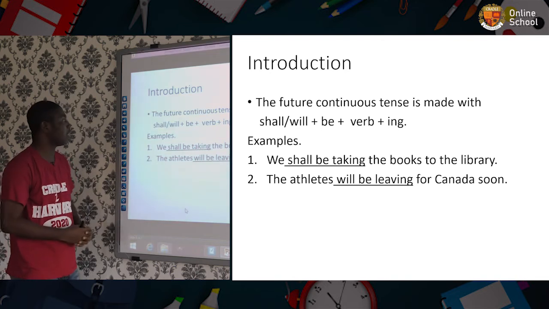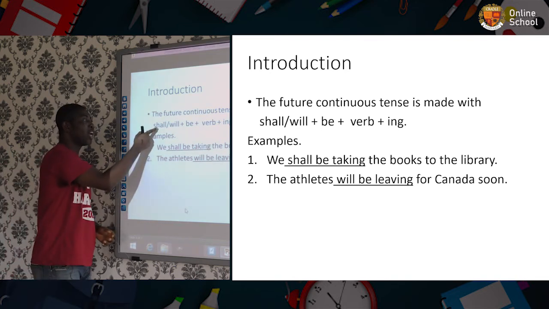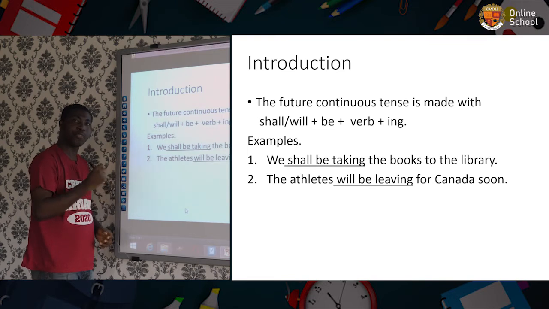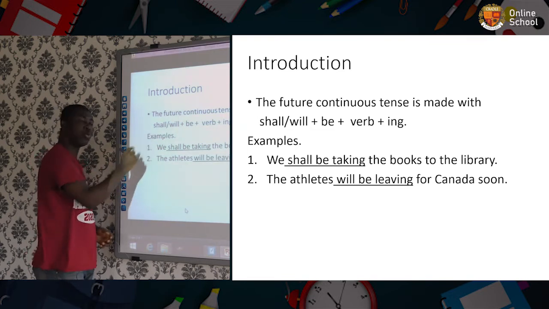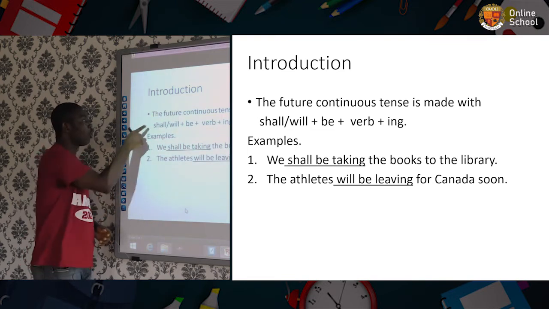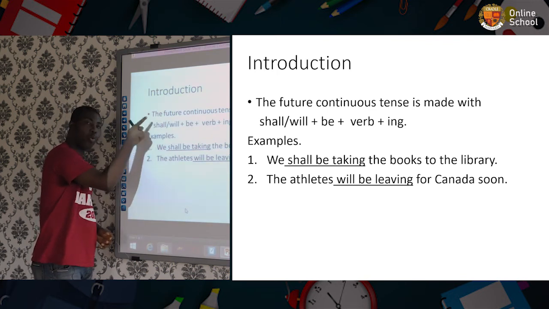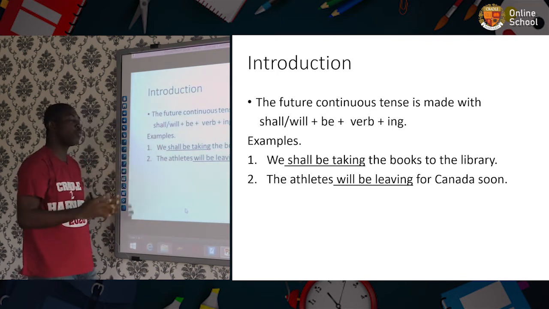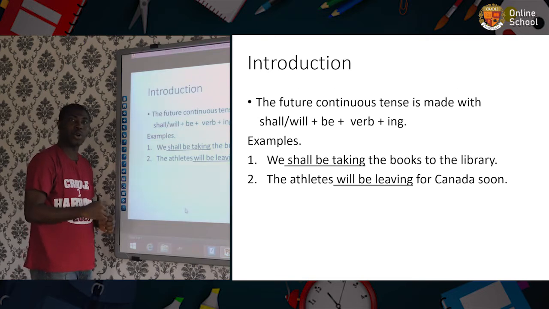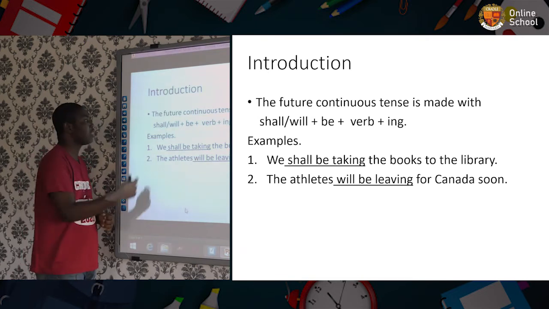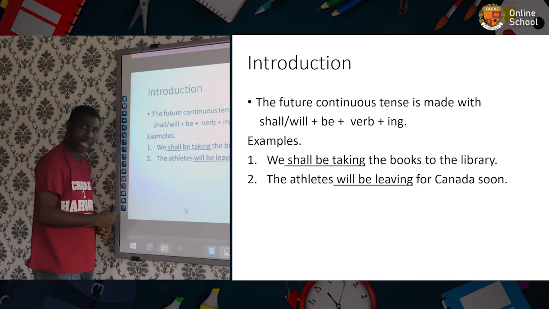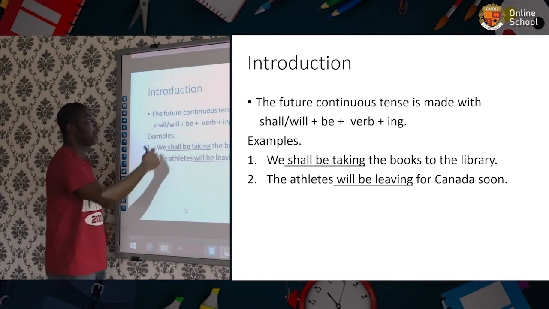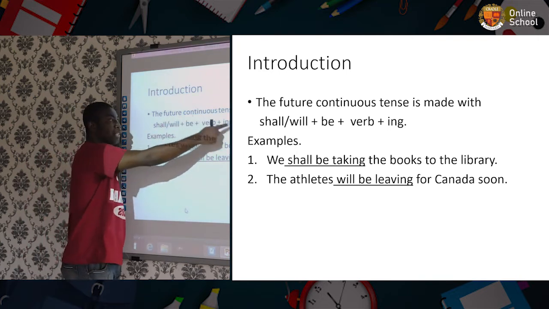What does that mean? Remember, shall or will represents the future tense. When you want to state a future tense, you always use shall or will. But when you want to combine the future with a continuous tense, then you add be. Be is an auxiliary verb plus the main verb with an ing.